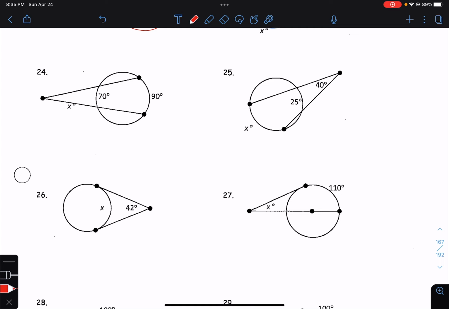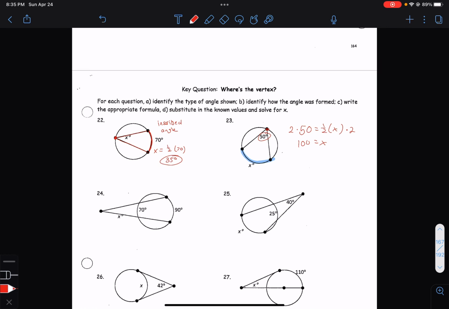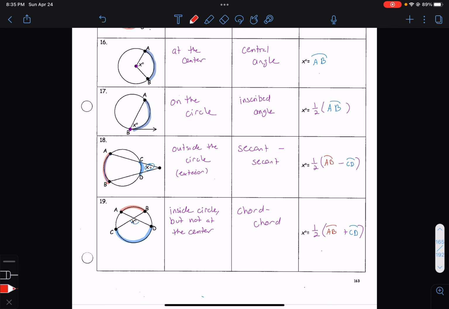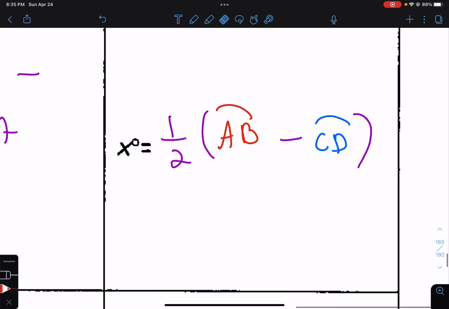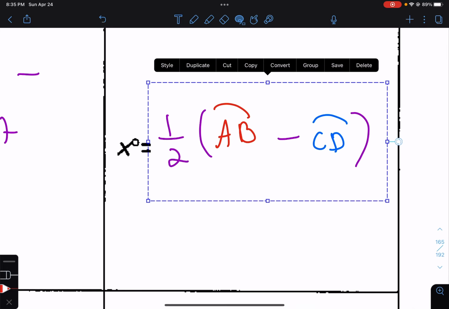Now, this one here is another tricky one. We've got secant, secant. We've got those two lines that touch the circle twice, and they have the angle on the exterior of the circle. So the formula here, I should have looked at it before I scrolled away, maybe I'll copy paste that.